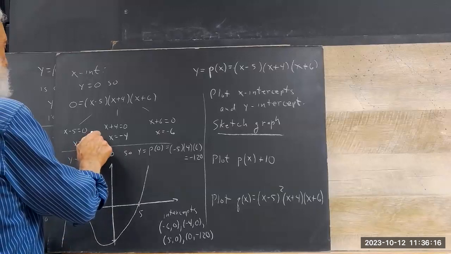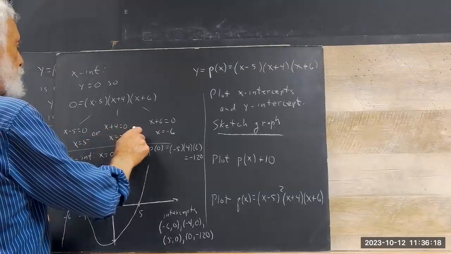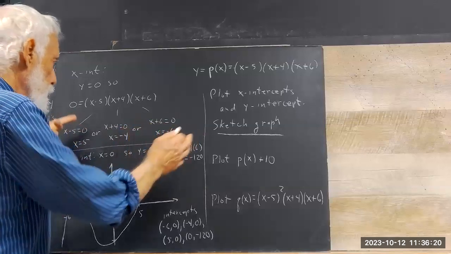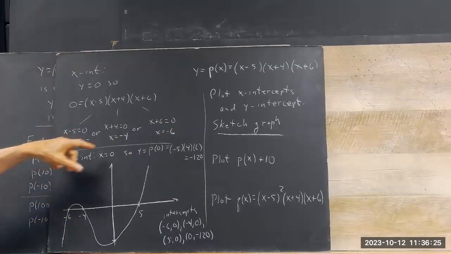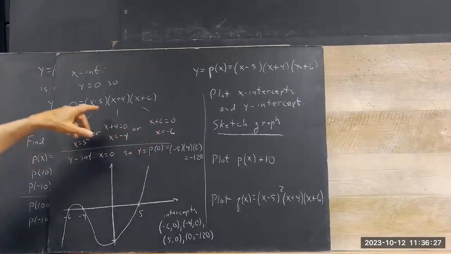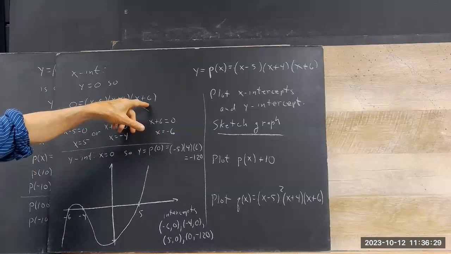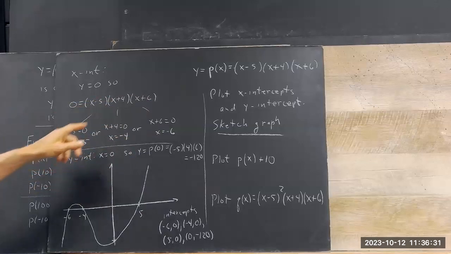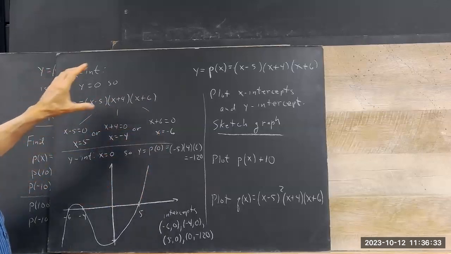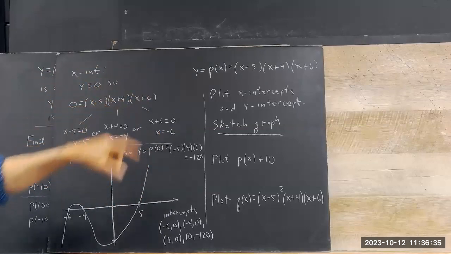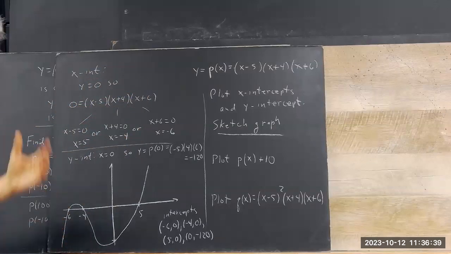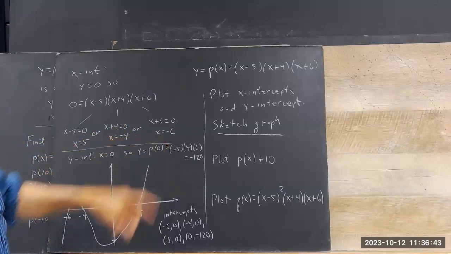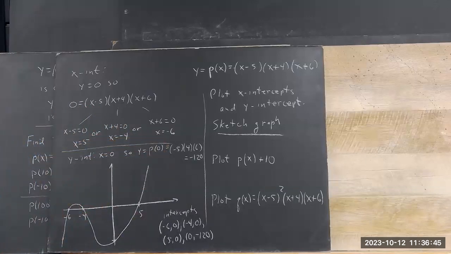This equation, or this equation, or this equation being true makes the whole thing true. We easily solve these equations, and it's trivial. You can spot the zeros just by looking at it. I recommend you write out the equations, because sometimes you're going to have uglier things in here, and you're going to want to write out the equation to solve it. So I'd say write it out like this. In any case, right there you get the x coordinates of your x-intercepts.